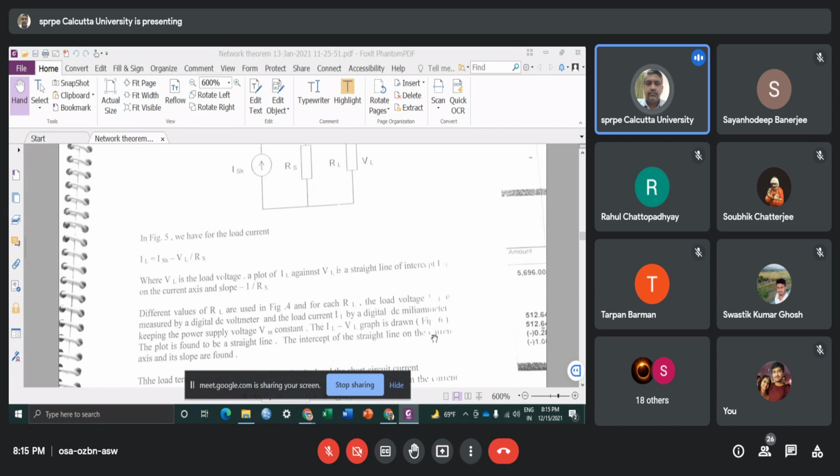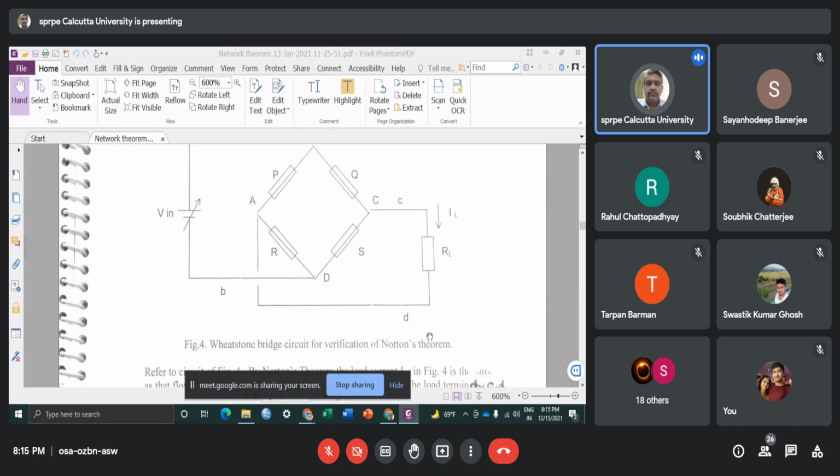And also you can directly measure after short circuiting the load terminal CD. After short circuiting the load terminals, you take the DC milliammeter and find out the value of the short circuit current. Also, as in our Thevenin experiment, you find out the equivalent resistance.